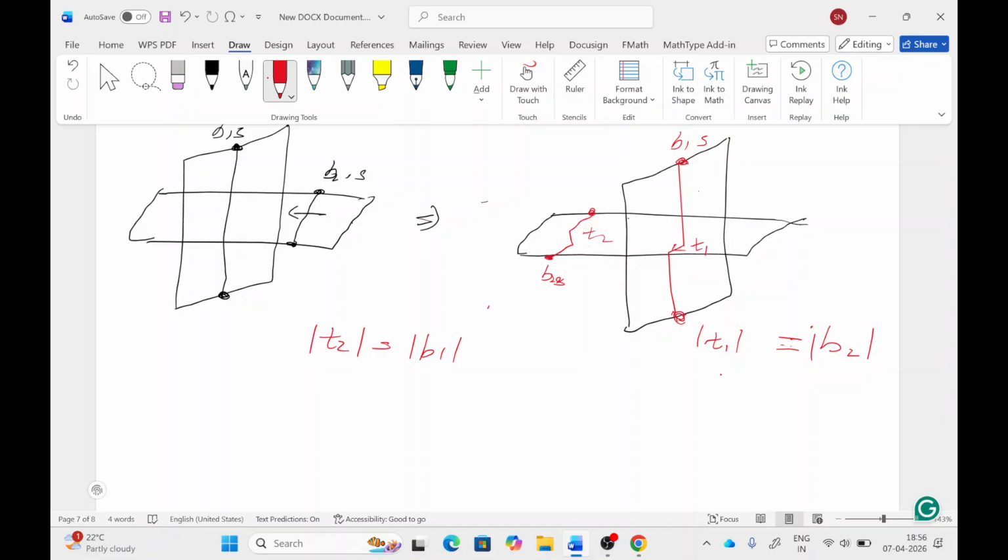dislocation 1 is a kink because it is on this plane only, plane 1. Because it is in plane, this will be a kink, and the line vector T1 is parallel to B1 because in this direction.